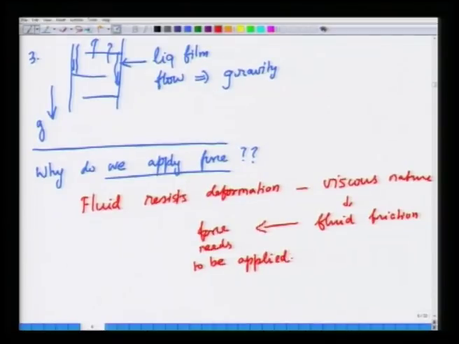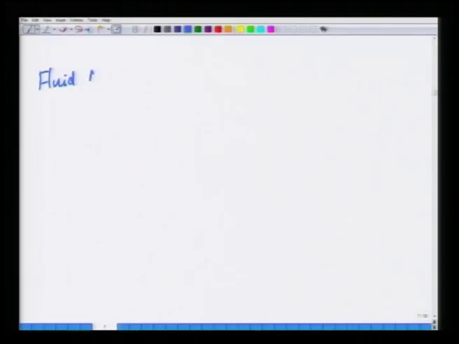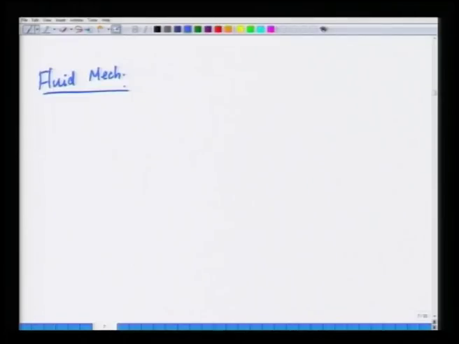So, fluid mechanics is a very general subject. It is a general branch of applied physics that deals with motion of fluids and the forces that cause the motion, and being a very general subject, it is of relevance to various scientific and engineering disciplines.